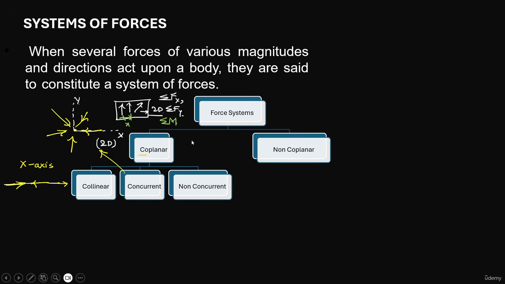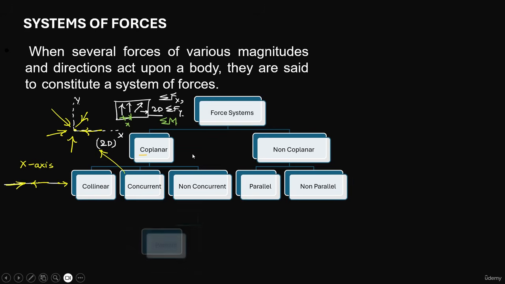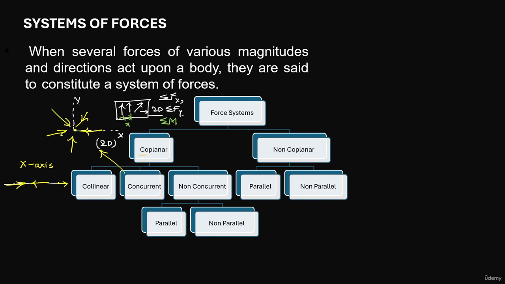Moving to the next part, that is the non-coplanar sect. In that we have parallel forces and non-parallel forces. Okay, so next the classification goes in the non-concurrent. We have parallel forces and non-parallel forces.